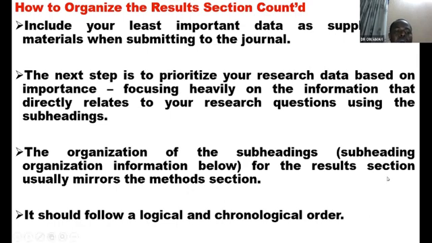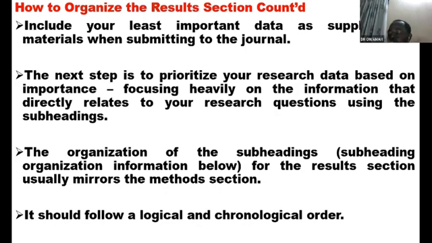Now we have the organization of the subheadings. The subheading organization for the result section usually mirrors the method section. The same way you did in your method section when you said 3.1 sampling, 3.2 collection of water, 3.3 whatever, that's the same way you do in your result and discussion.